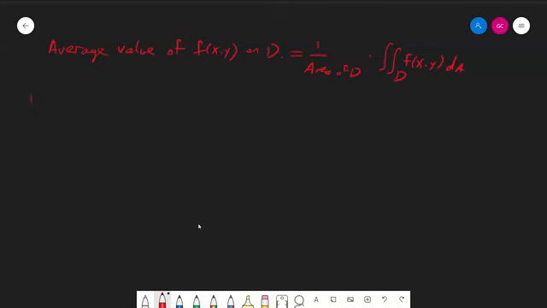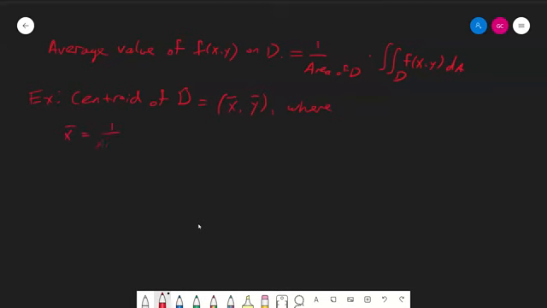Okay, one nice example of this is what we call the centroid of a region. So the centroid of a region is a point, which we often call x bar, y bar, where x bar is just the average value of x.